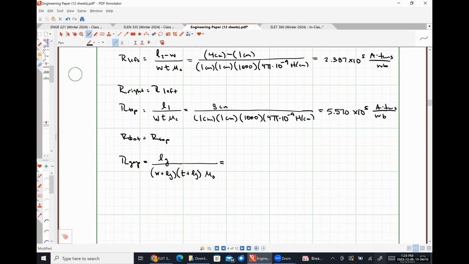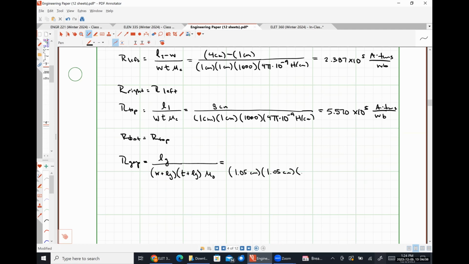So this is going to look like, 1 centimeter plus half a millimeter is going to look like 1.05 centimeters. Then 1 centimeter plus half a millimeter is going to look like another 1.05 centimeters.